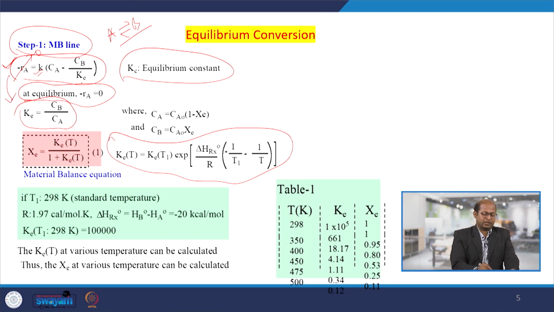After putting Ra equals 0, we can get this, and we know Ca equals Ca0 into 1 minus Xe, and the concentration of B at the reactor exit would be Ca0 into Xe. We substitute both here, and then we get these equations.